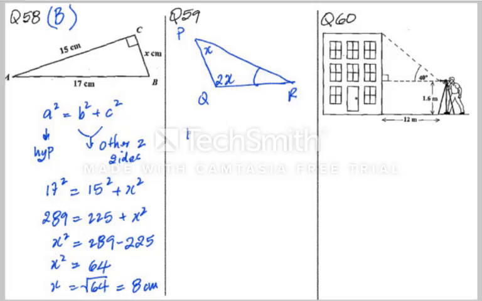It means that all of the angles must add up to 180 degrees. So it's x plus 2x plus the angle at R is equal to 180. So the angle at R would be equal to 180 minus 3x degrees. All right. So the answer there is D.